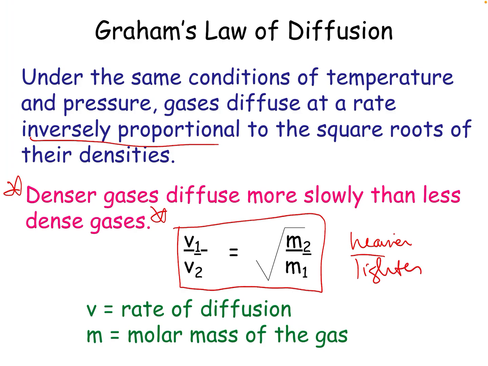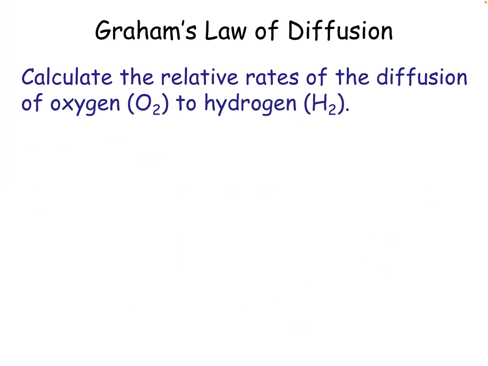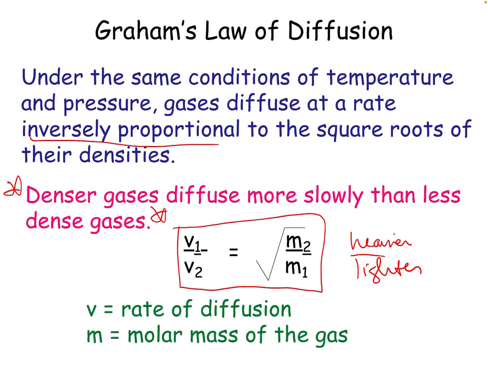You're going to get a whole number, and it tells you which one is going to diffuse faster. It's always important to talk about it in the correct relation. By the way, this formula is not on the reference table. It's not on the Regents. If I were to give it to you in a test, I'd have to provide it to you.